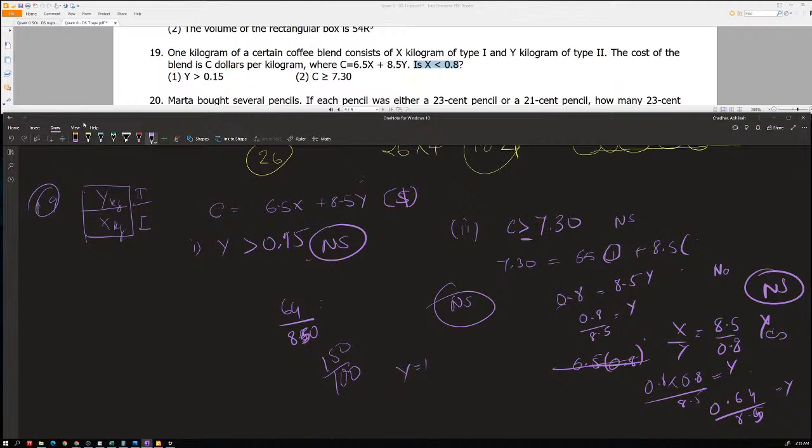So when y is equal to 150 by 100, and the ratio is 8.5 by 0.8 equal to 100 by 150 into x. So x would be equal to 150 into 85 divided by 100 by 8.5 into 0.8, which is actually 8.5.